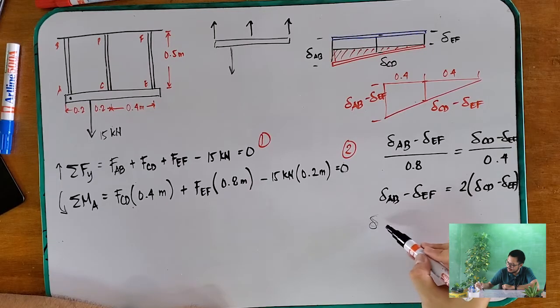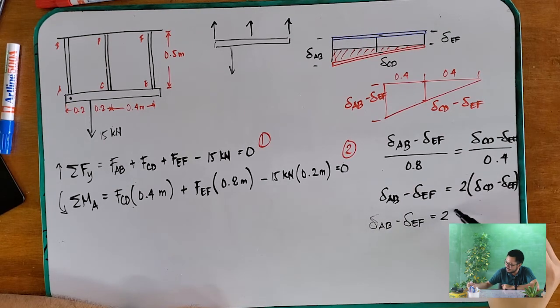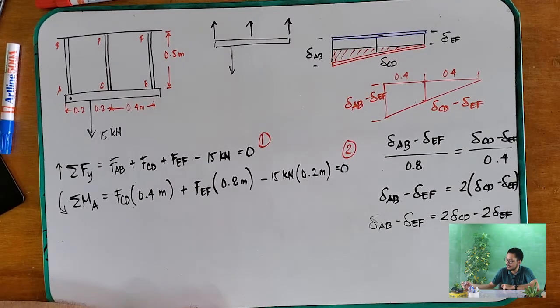Okay. So, unsa naman na? Ito pa i-simplify. Delta AB minus delta EF is equal to 2 delta CD minus 2 delta EF. Okay.